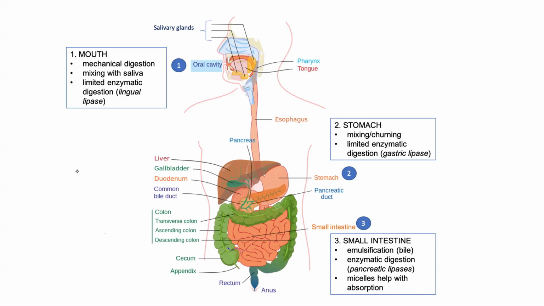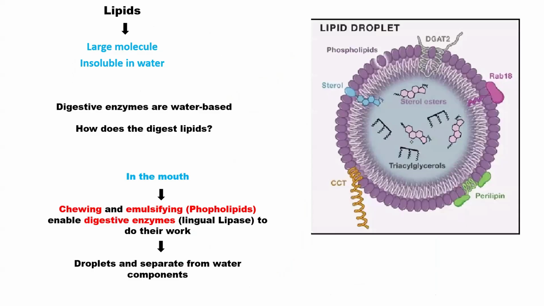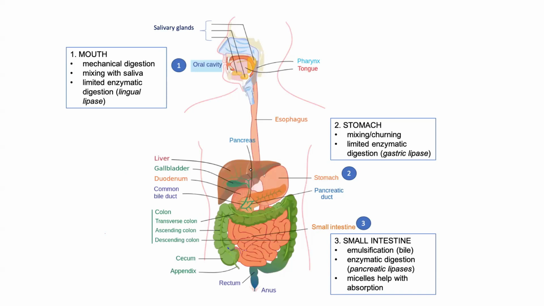The limited enzyme in the mouth is lingual lipase, while the limited enzyme in the stomach is gastric lipase. The major digestion of lipids takes place in the small intestine, where emulsification and the full digestion usually take place.